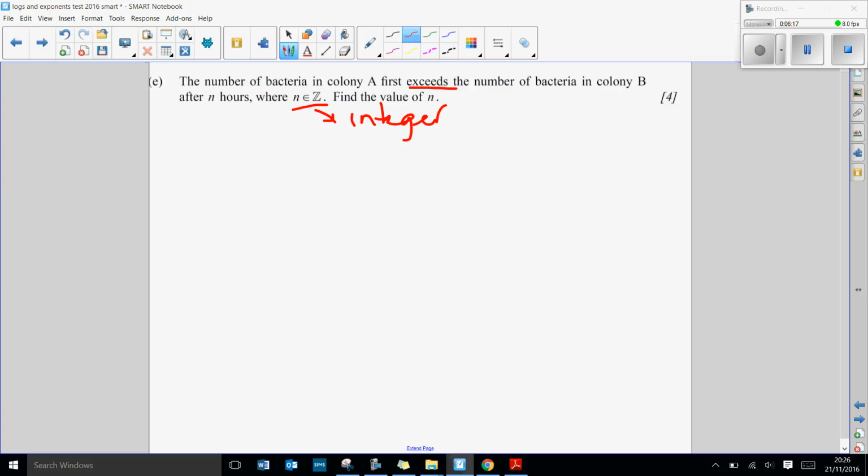So we know that we want the colony A bacteria, which is given by 12e to the 0.4t, needs to be greater than the colony B formula, which was 24e to the 0.229t. The 0.229 was the value we just calculated.